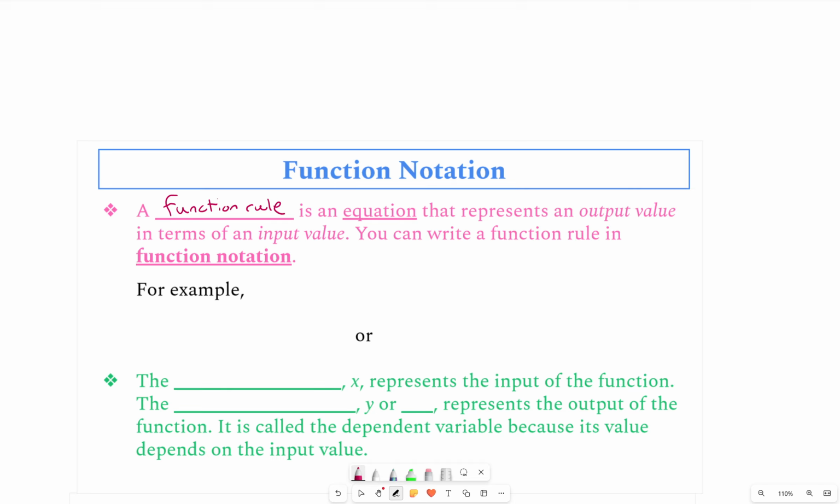You can write a function rule in function notation. So, again, the comparison was, we've seen in the past y equals something like 3x plus 2. This is a new function. But now it becomes, in function notation, f of x equals 3x plus 2.